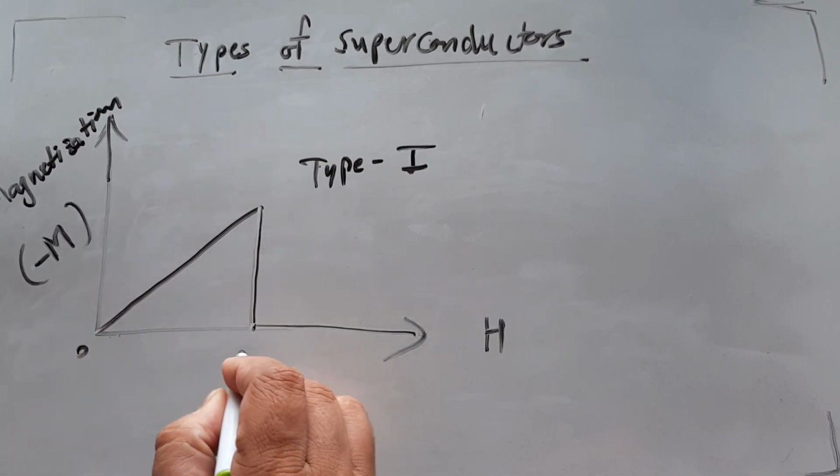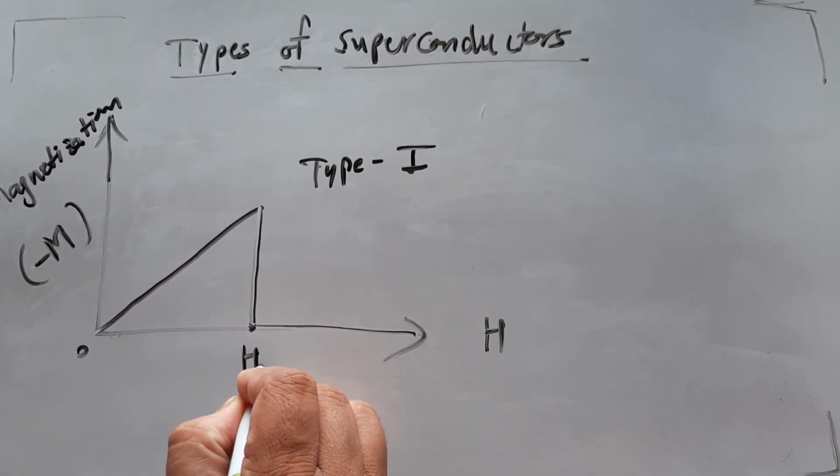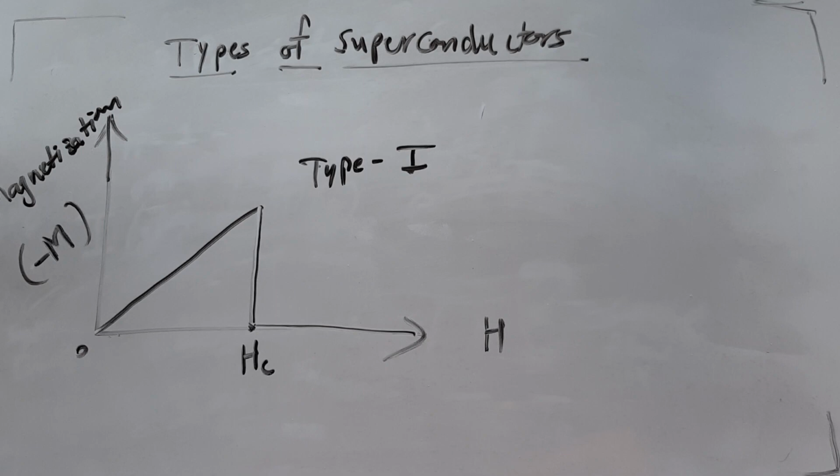So this is 0 and this value particularly is Hc. So sharply at Hc, and field penetrates completely inside the sample, and field means of course the external magnetic field.